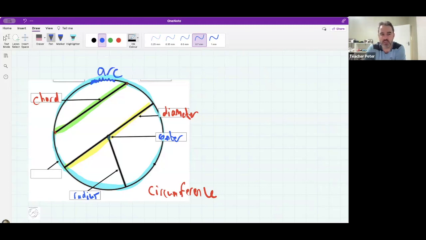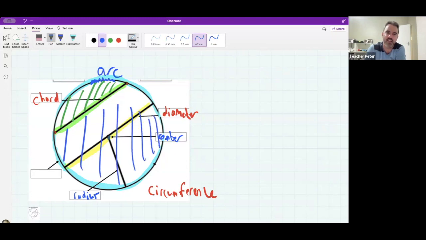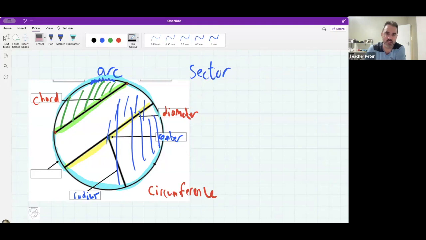And then something else that you need to know about is that a chord divides the circle into two sectors. So this would be called the minor sector. The green thing is the chord. And then the major sector would just be on the other side here. That whole area is called the major sector. So chords divide up circles into sectors.